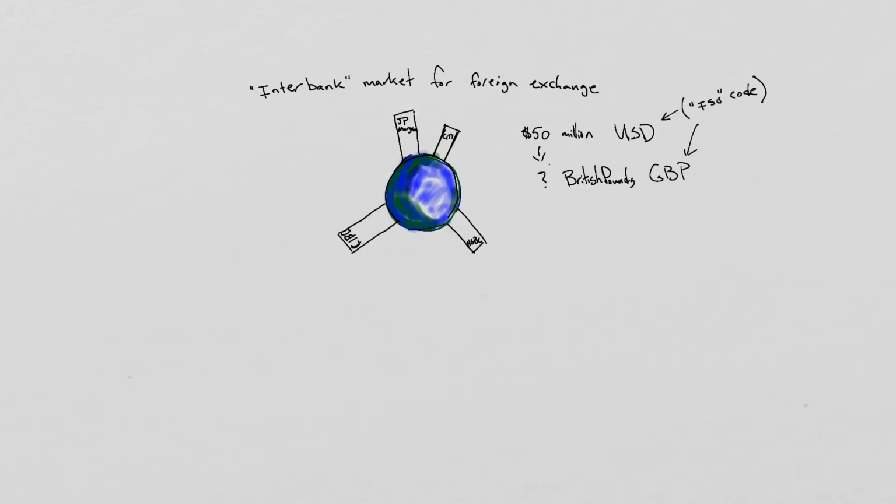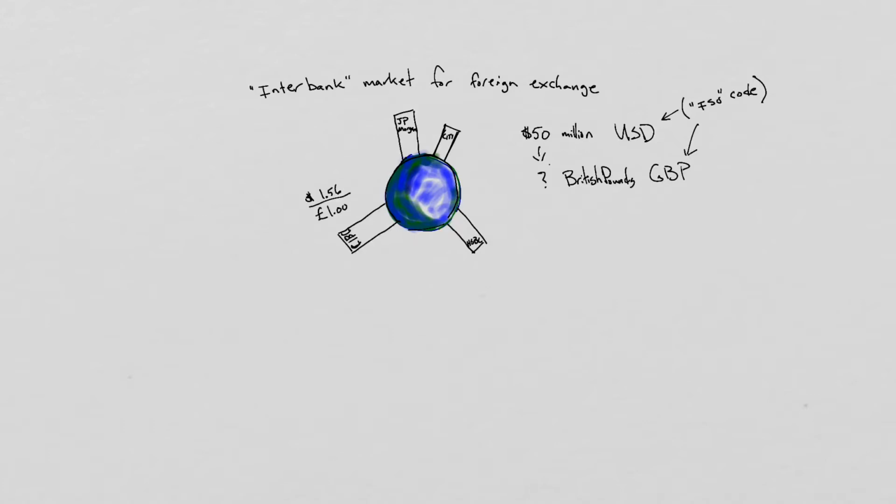So the way this market really works is that if JP Morgan wants to sell or exchange 50 million US dollars into British pounds or GBP, they're basically going to call up CIBC, Citi, and HSBC and ask them, okay, what are you offering if I give you 50 million USD? How many British pounds are you going to give me?